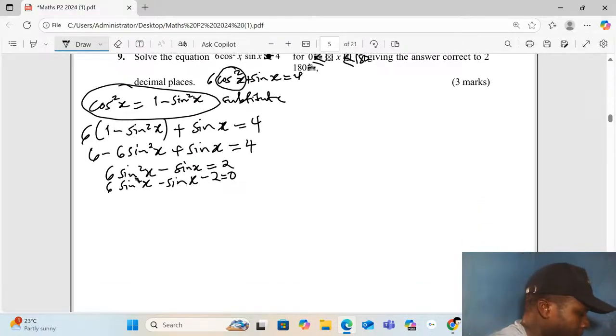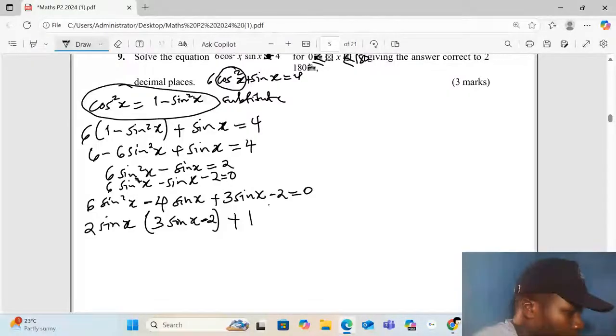Now we shall have 6 sin squared x minus 4 sin x plus 3 sin x. We are now factorizing. We are now factoring common factor.